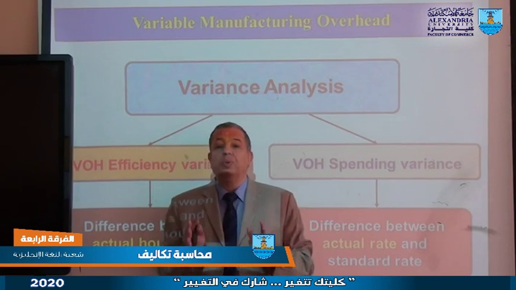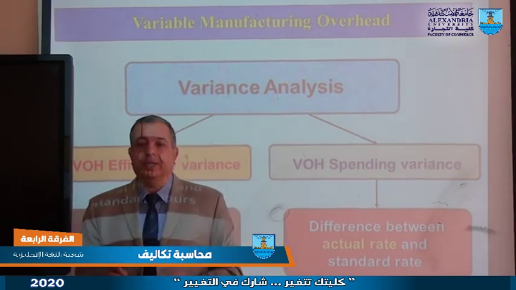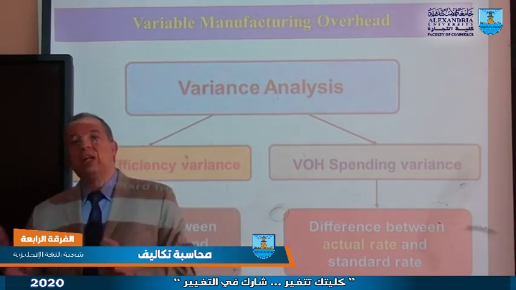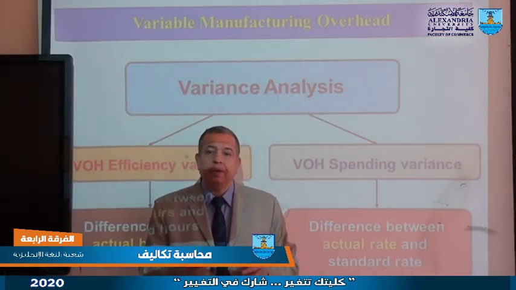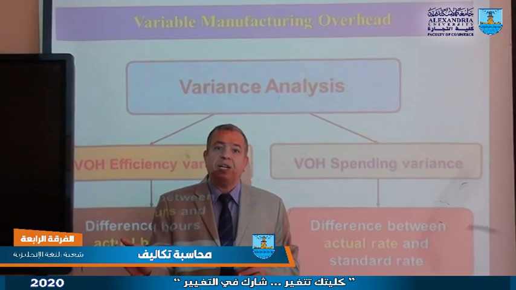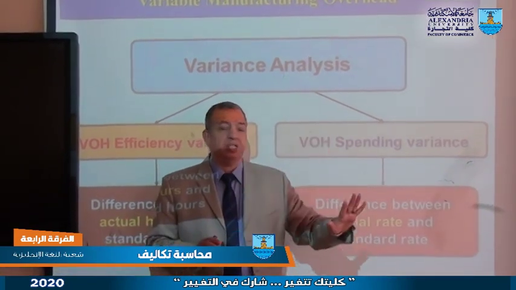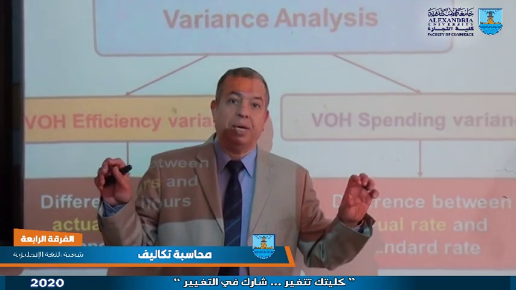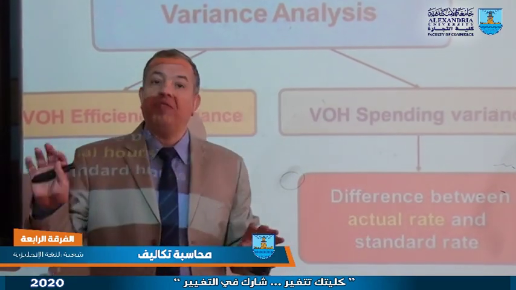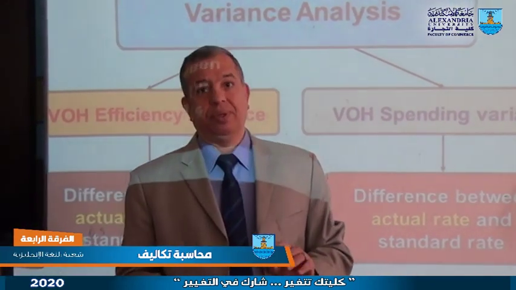So, if you know direct labor variance analysis, what is the difference between direct labor and variable overhead? We have efficiency variance in direct labor, and we also have efficiency variance for variable manufacturing overhead. The same way to calculate: the difference between actual hours and standard hours.